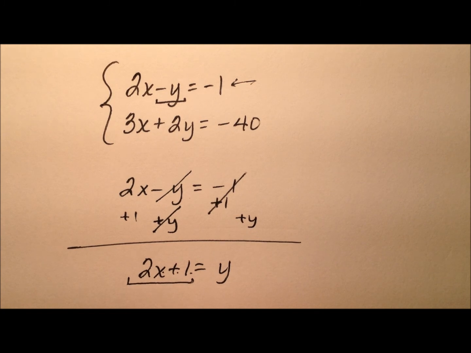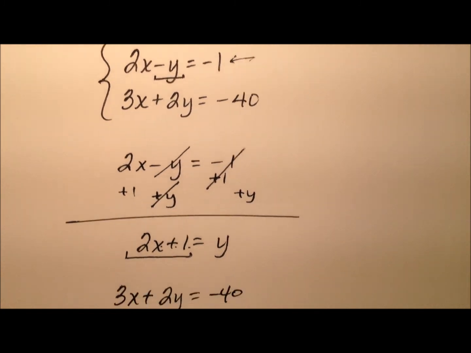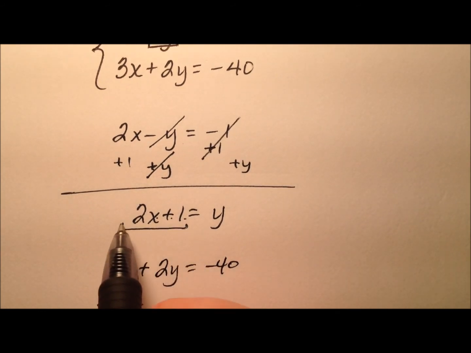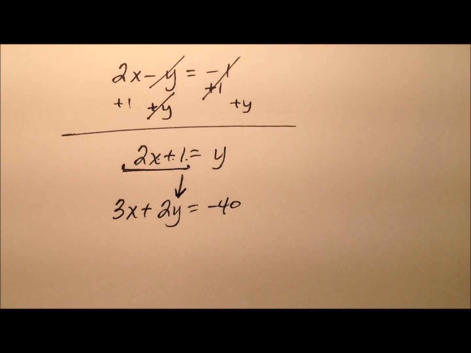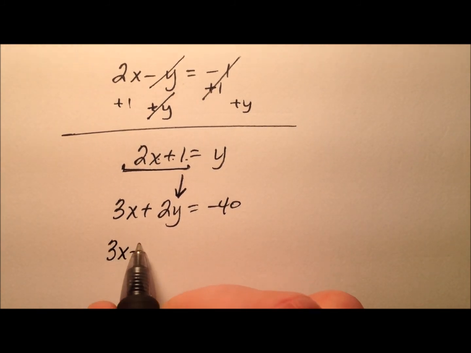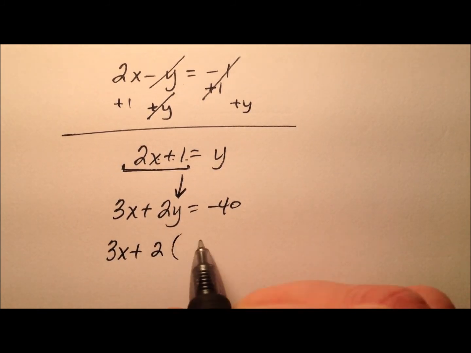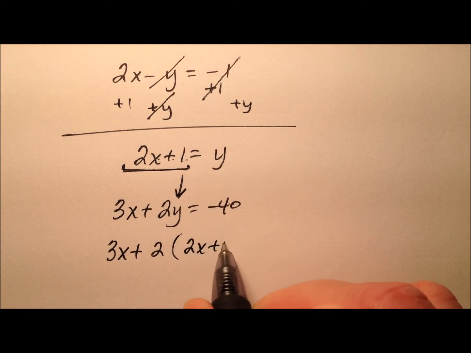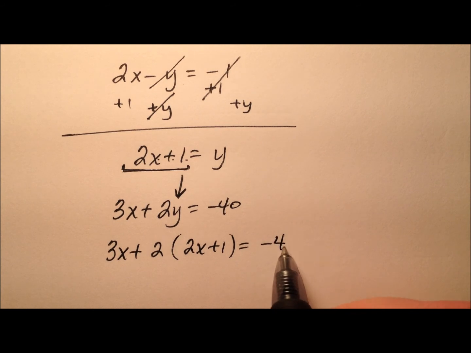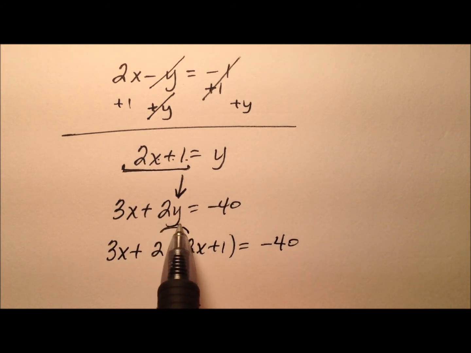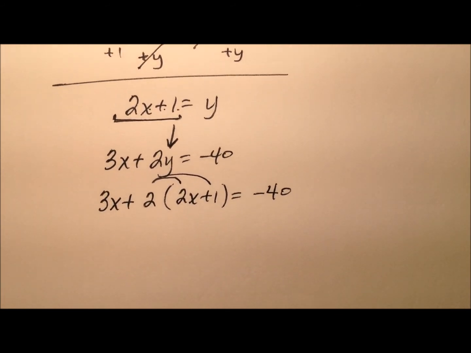Well, my second equation is 3x plus 2y equals negative 40. So I'm going to plug this 2x plus 1 into the y variable. I'm going to substitute it in there. So 3x plus 2, and the y value was 2x plus 1. And remember, when you substitute, always use parentheses because it means multiplication, so we'll have to distribute here.